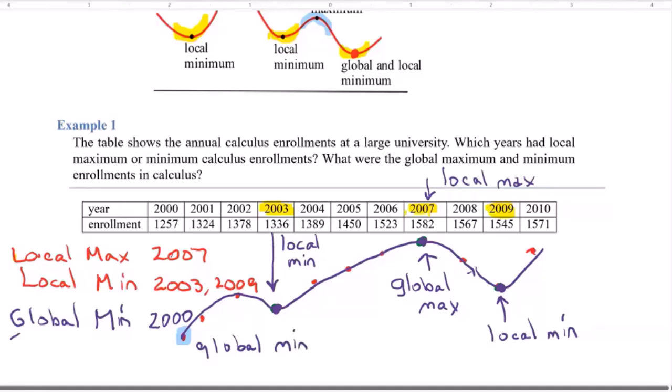It means in the whole graph, they're the largest and smallest values. So the global maximum occurs in 2007. So points can be both local and global maximum or minimums.